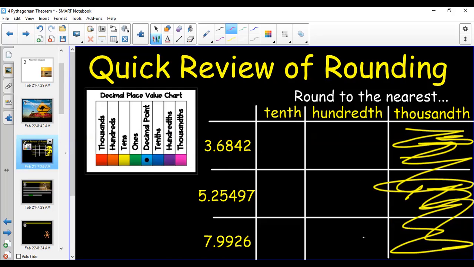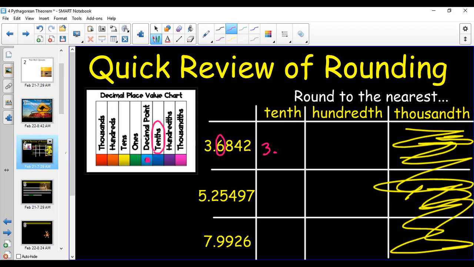All right, so 10th, if you look at this chart here, is one place after the decimal. So I only want one decimal place. On this, I am going to look at the one decimal place, so that's the 10th spot. And then if you remember, it's either going to stay that number, so it's going to either stay 3.6, or it's going to round up to 3.7.